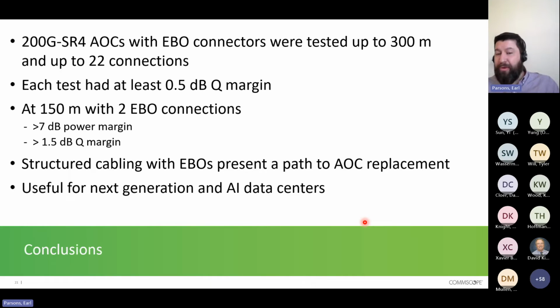And if you upgrade the active equipment in your AI cluster, you can keep the passive cable plant in place, just bring in the new equipment with higher speeds, and the cable plant is ready for the next generation. So these connectors can be very useful for next generation data centers that do any kind of TOR elimination, as well as these AI data centers.